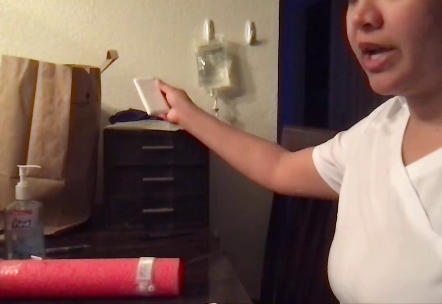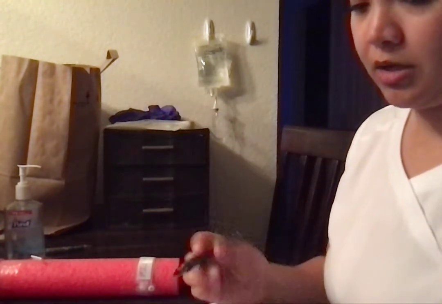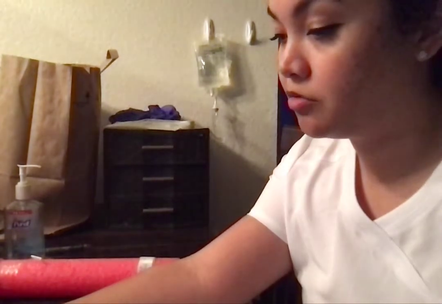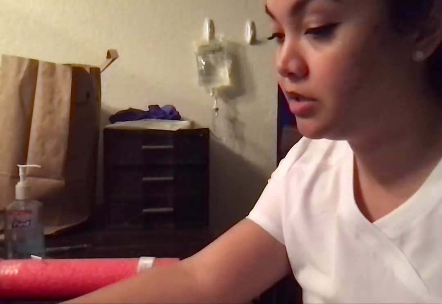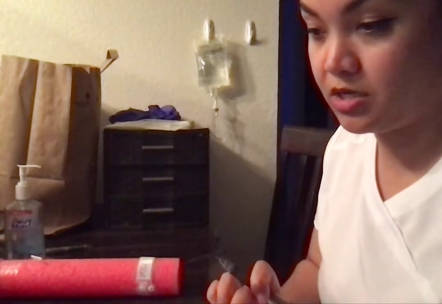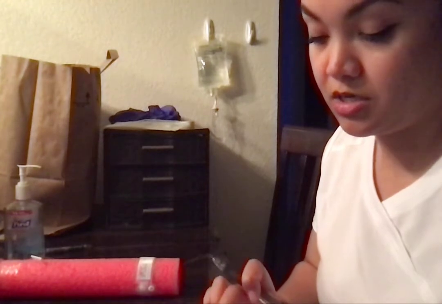So I'm going to go ahead and do the math. 50 mil over 30 minutes times 15 drops over 1 mil. 50 times 15 equals 750 divided by 30. Okay, so we have 25 drops per minute.